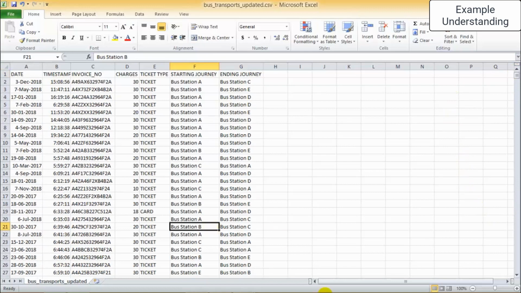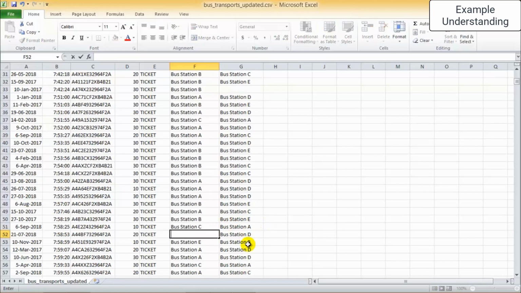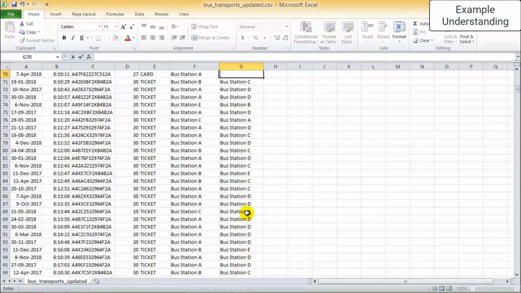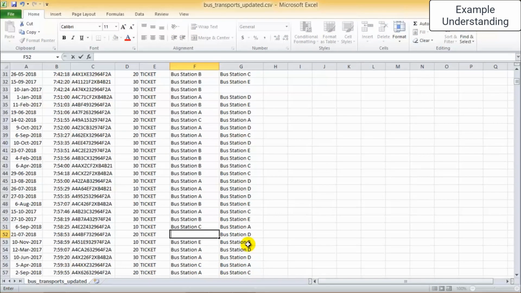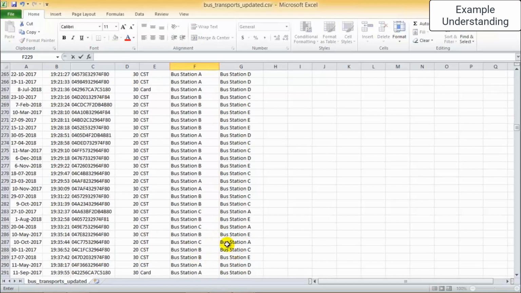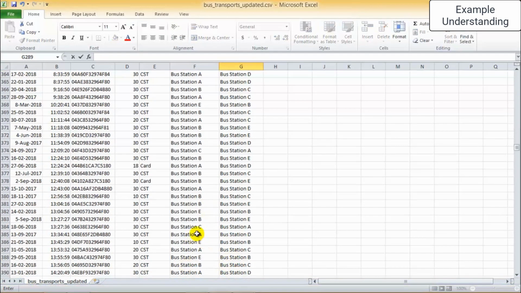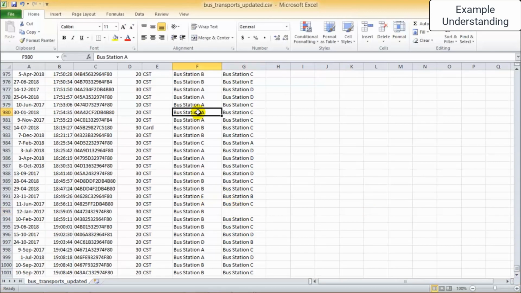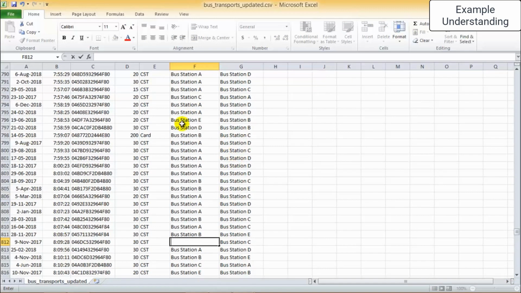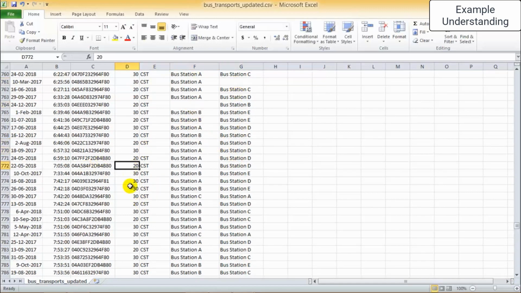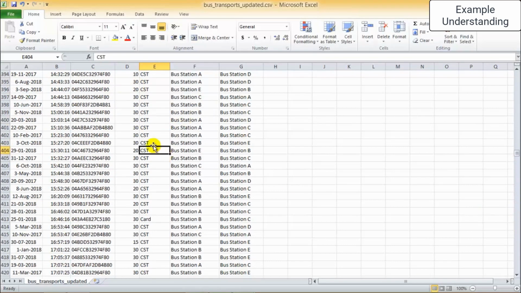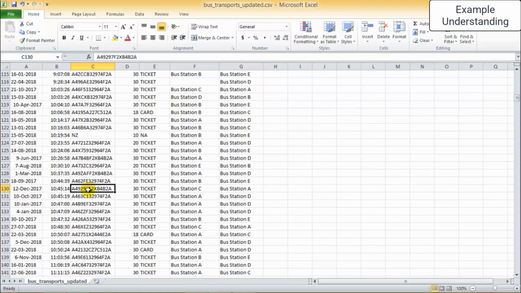So let's put in some missing values, which might be useful for us while doing some data preparation. Fine.